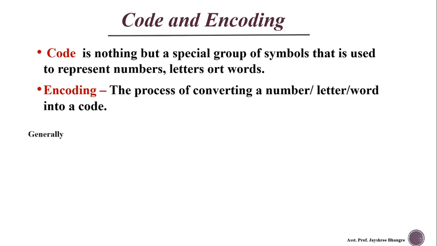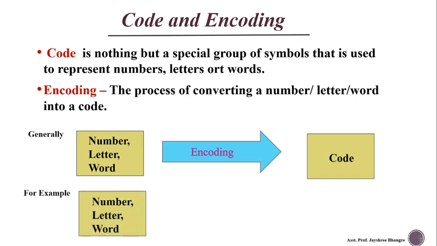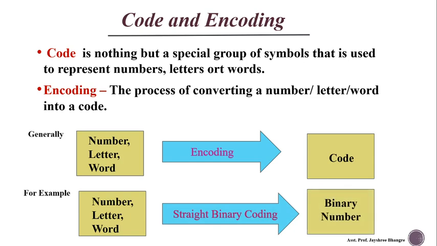So generally these numbers, letters or words are encoded using the encoding process and they are converted into the code. For example, here the number, letter or word can be converted using the straight binary coding into binary numbers. So whatever numbers, letters or words are available, using the straight binary coding we can convert them into the equivalent binary number.